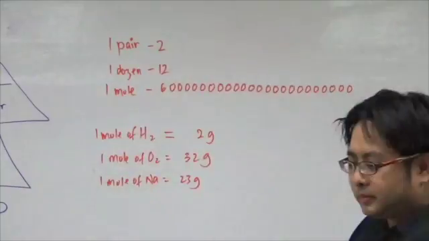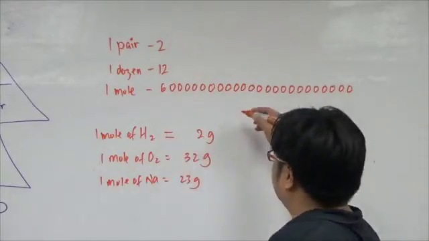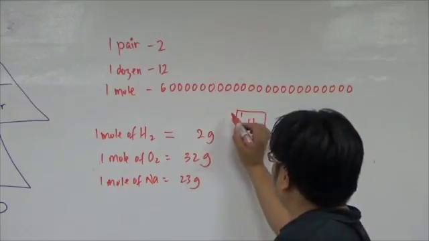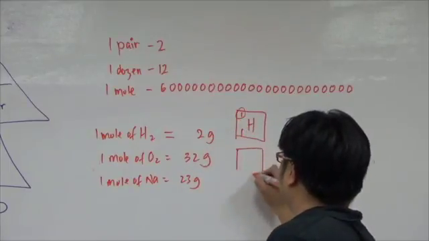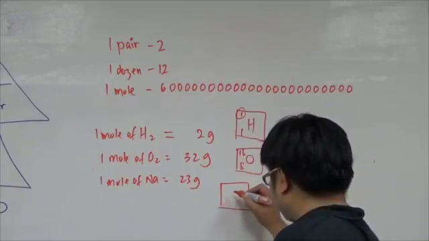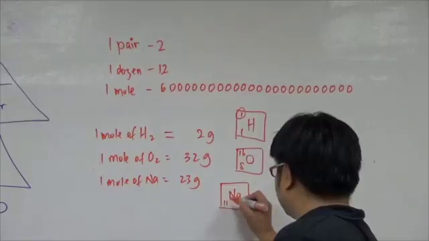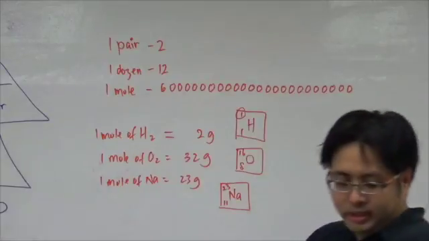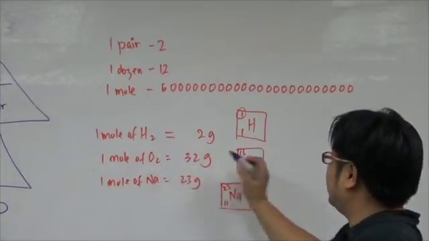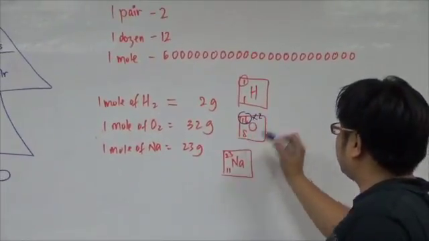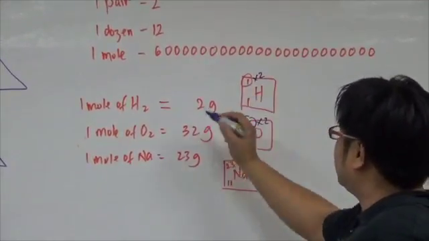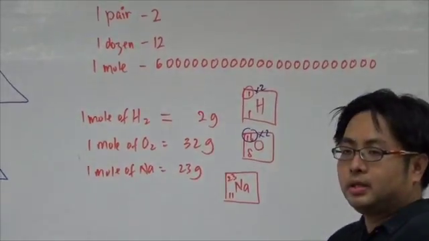If you look at hydrogen, oxygen, and sodium, because there's O2 here, you take this number times 2. Because there's 2 here, so 1 times 2 equals 2 grams.